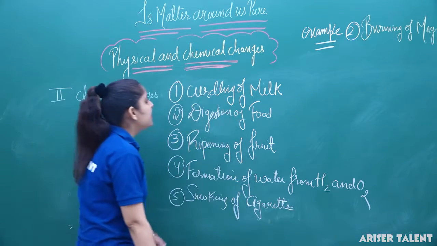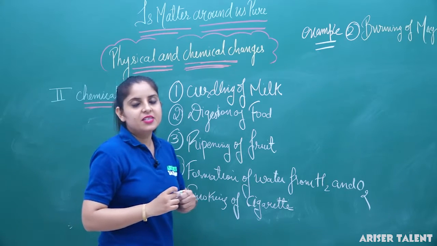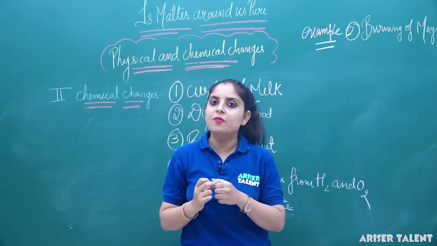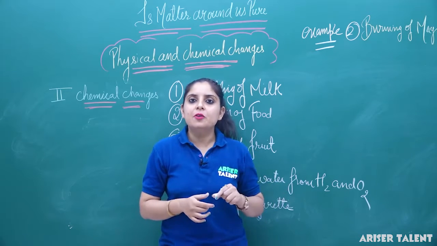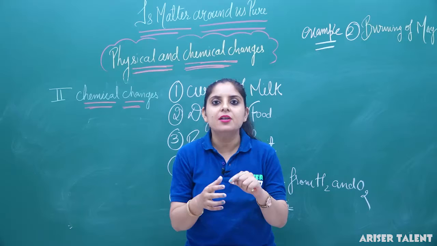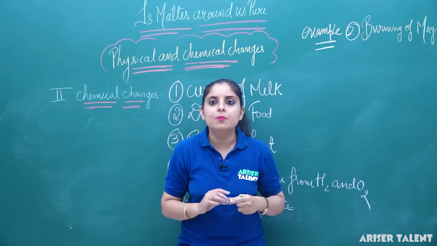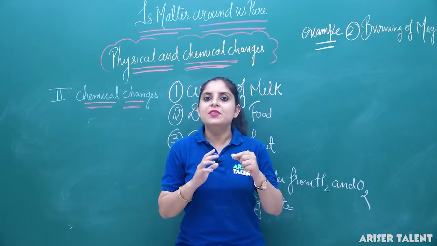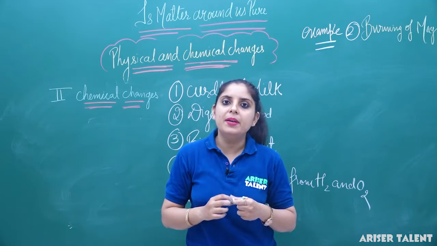So these are a few examples showing how chemical changes occur in nature, and there are many more examples of chemical changes. So you can see that physical changes are those in which physical properties like shape, size, texture of a substance are changed. In chemical changes, the entire chemical composition of a substance is changed. Physical changes are temporary. On the other hand, chemical changes are permanent.